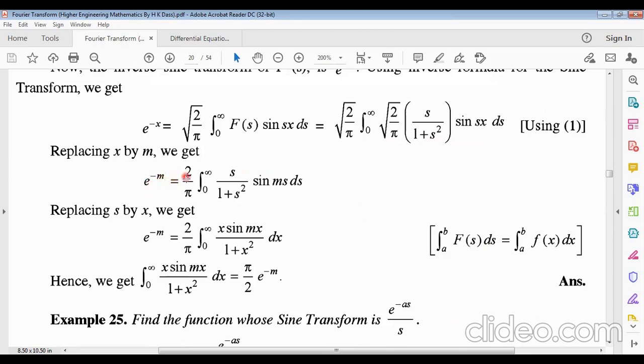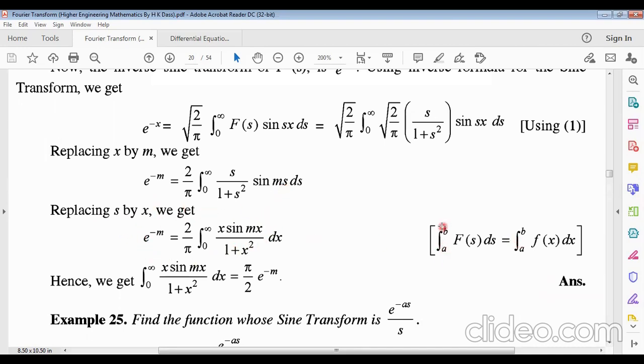e to the power minus m equals root over 2 by pi, root over 2 by pi, integral from 0 to infinity of s divided by 1 plus s square, sin ms ds. Because sin mx is in our given integral, replacing s by x, we get this one.